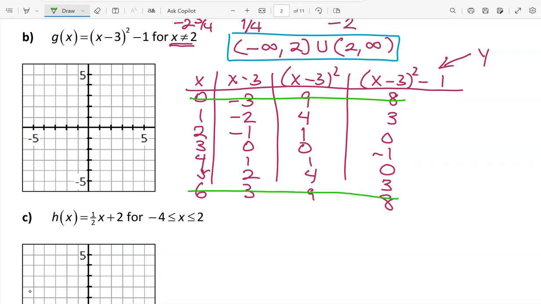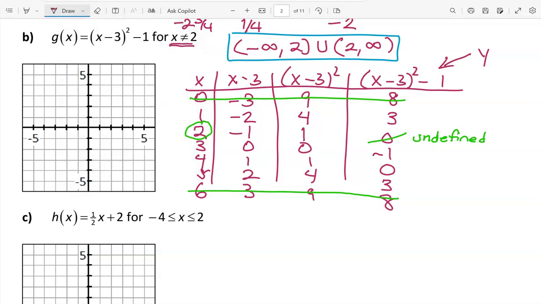And then we have also one other issue, and that is an x value of 2 is not allowed, so we actually have a y value that is undefined right here. So we're not going to get a y value when x is equal to 2 because x is not allowed to be equal to 2.